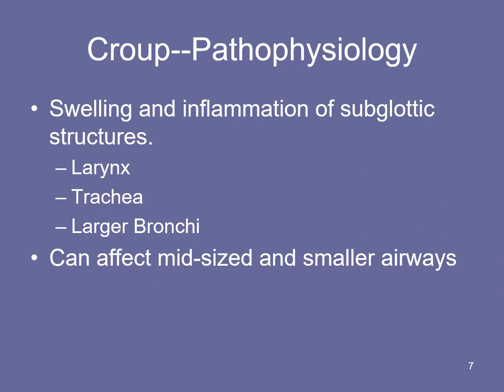Regarding the pathophysiology of croup, it results in swelling and inflammation of the subglottic structures, the larynx, the trachea, and the larger bronchi. It can also affect mid-size and smaller airways.